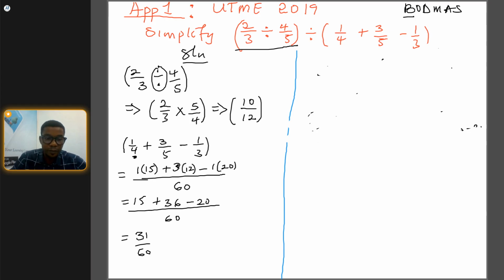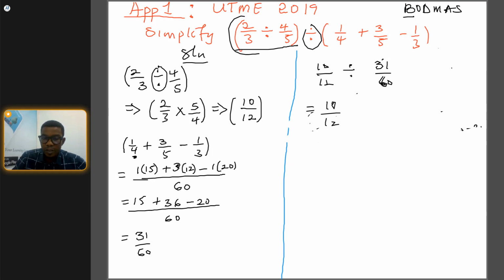So the first bracket gave us 10/12, divided by, that's the division in the question here, the second bracket, which gave us 31/60.